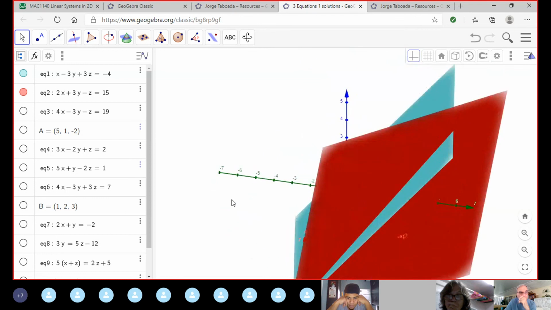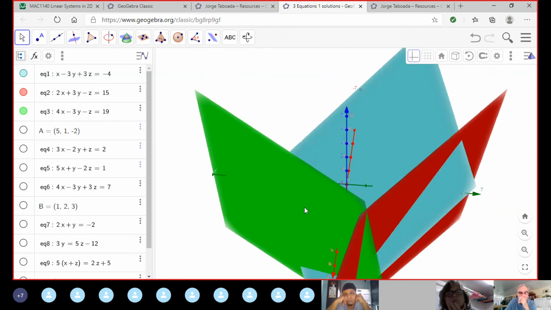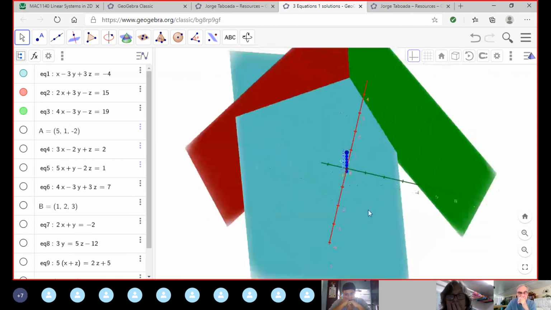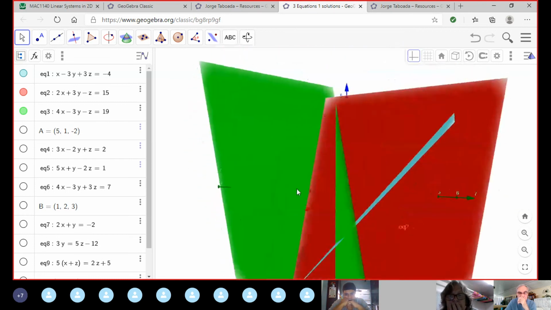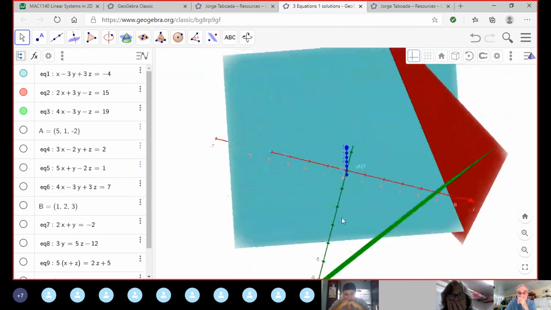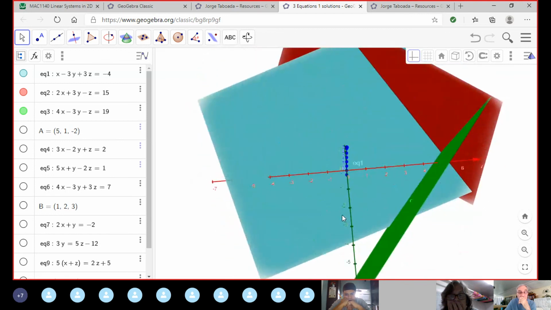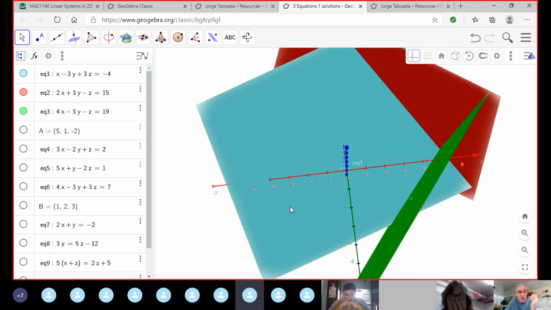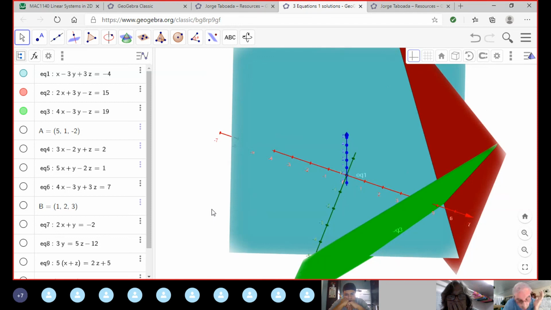And the third one is 4x minus 3y minus z equals 19. It's a green plane. Actually, I can rotate, because in 3D you need to rotate to see. And the solution point we discovered using algebra was... That is cool. Super cool.